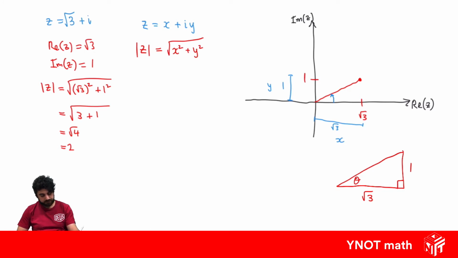So we can write that as arg of z, and this is just going to equal, you can see 1 is just the imaginary part of z, and the root 3 is the real part of z. And we can just use some simple trig and do the inverse tan to find our angle. So we can say it's the inverse tan of 1 over root 3, which is going to give us pi over 6. And just to generalize it, it's going to be the inverse tan of our imaginary part over our real part.